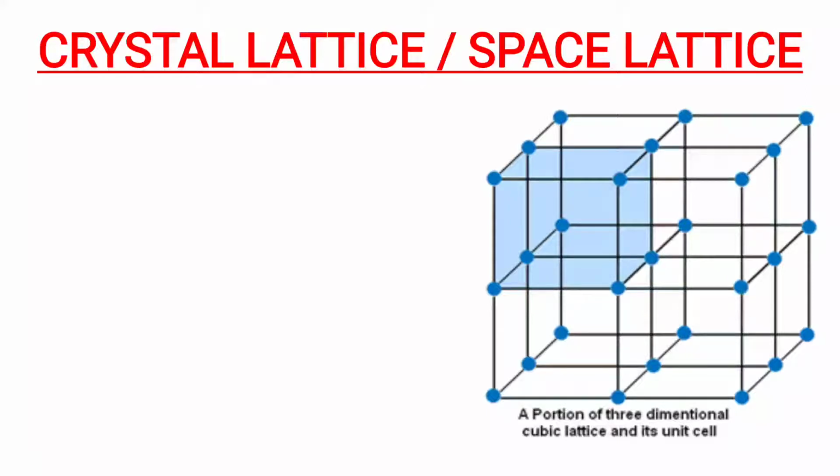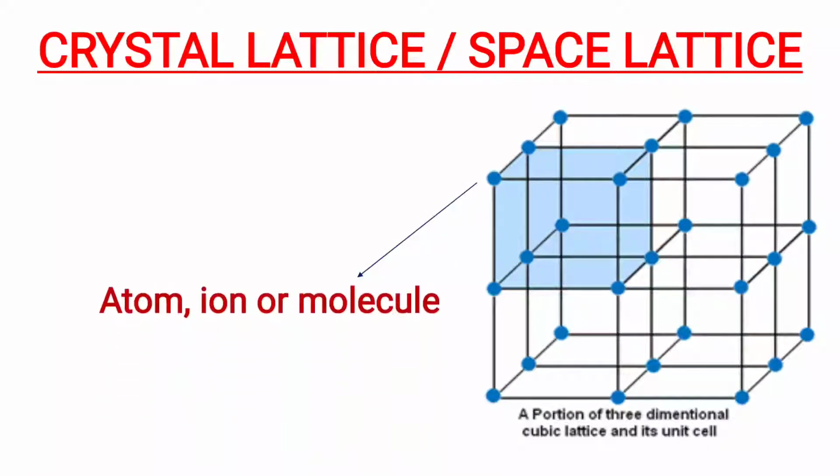This diagram here represents a portion of a crystal lattice where every blue point represents a constituent particle. These particles are arranged three-dimensionally in space. Now, the constituent particle we refer to could either be an atom, ion, or a molecule.